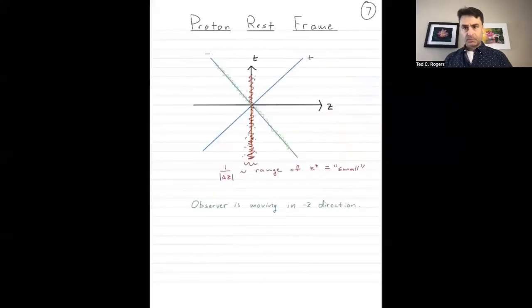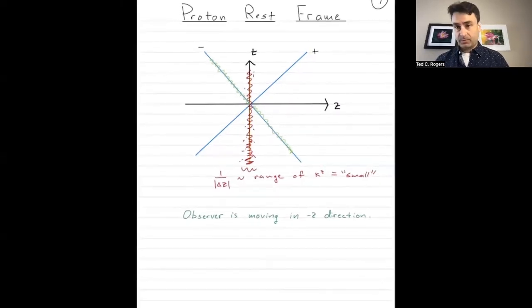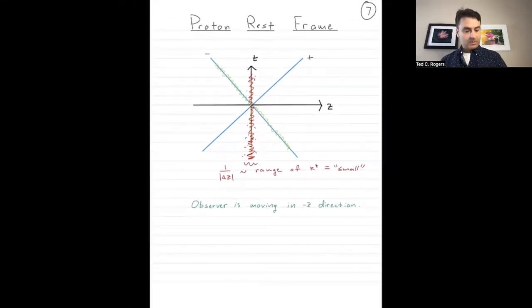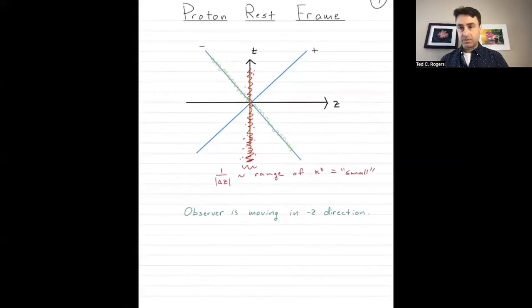So with that in mind, let's actually try to think about what happens in the rest frame of the proton, of the hadron, target hadron. I know I said we're going to ultimately think about it in the frame where it's moving very quickly, but let's step back and think about it in its own rest frame for just a second. And this kind of a picture I like to draw, Minkowski diagram picture I like to draw. And I made a fuzzy red path showing the trajectory of the proton in its rest frame.